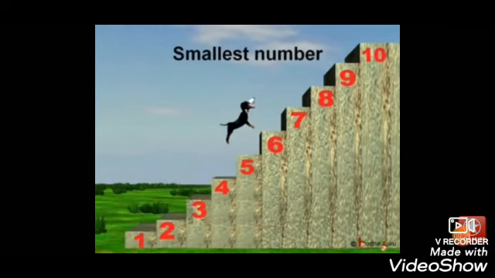Now tell me, which is the smallest number here? It is 1. And which is the greatest number here? 2 is greater than 1. 3 is greater than 2. 4 is greater than 3. 5 is greater than 4. 6 is greater than 5. 7 is greater than 6. 8 is greater than 7. 9 is greater than 8.